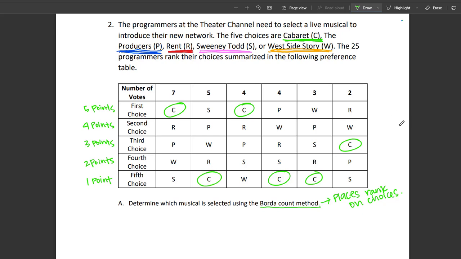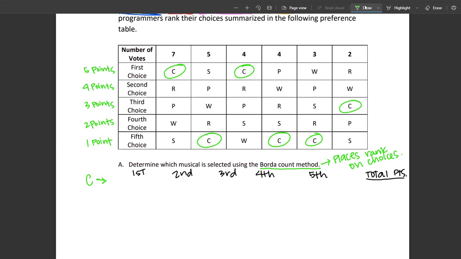And for every first choice vote, we're going to get 5 points. For every second choice vote, we're going to get 4 points, and so on. So for Cabaret, for first place votes, we have 2 columns. We have 7 votes here, and we have 4 votes here. So we have 7 plus 4, and we're going to multiply that by 5 because we get 5 points for all of those votes.